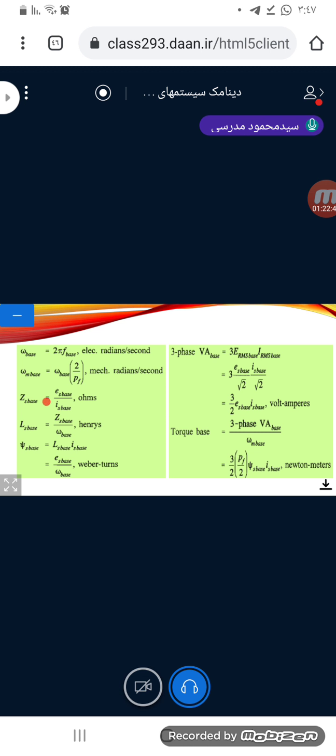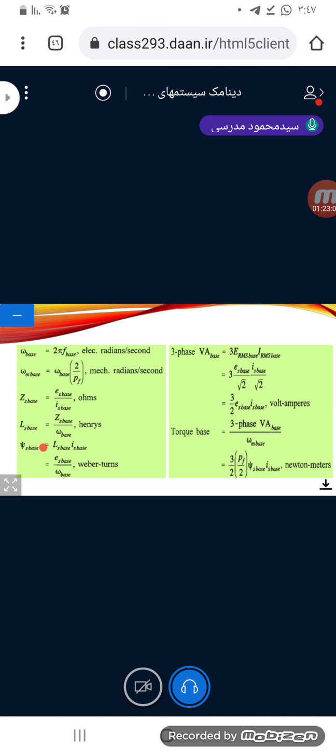Z_S base is equal to E_S base divided by I_S base, ohms. L_S base is equal to Z_S base divided by omega base, henries.